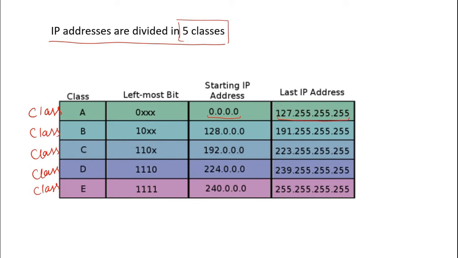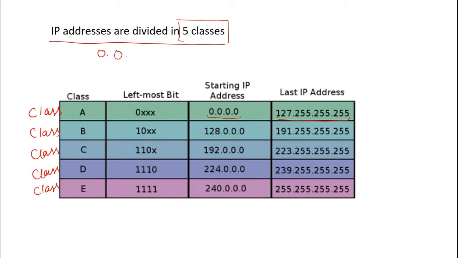255.255.255. How is it changing actually? Let me just clear it up. Suppose we have the smallest IP address. Obviously it will have 8 bits of 0. I'm just writing only 1 bit because these are all 0, so you can write it 8 times.